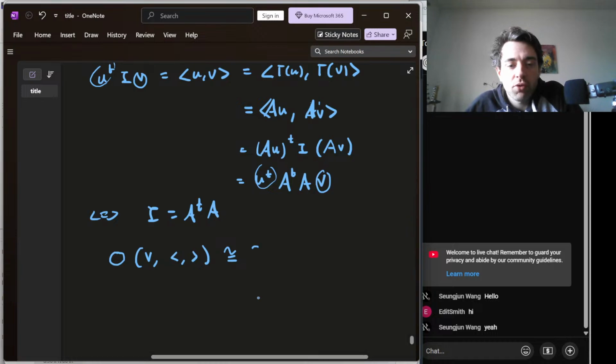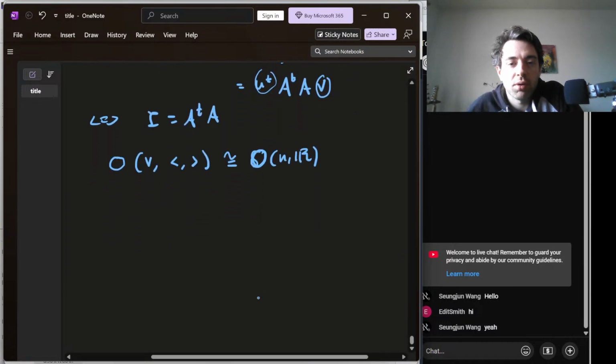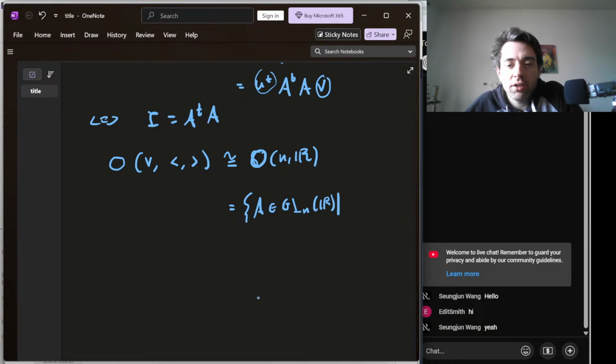So this is isomorphic to what we might call O_n, let's say over the reals, though it could be over anything, so this will be O_n(R). What is this? It's the collection of all matrices that are isomorphisms of the underlying vector space, so they're in GL_n(R), but they also satisfy that A^T A is the identity matrix.